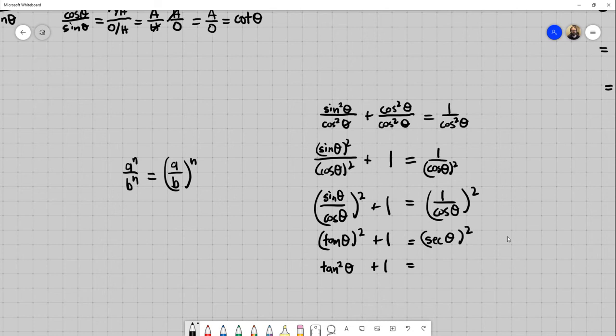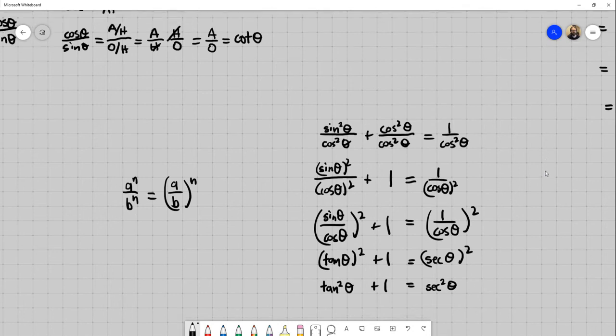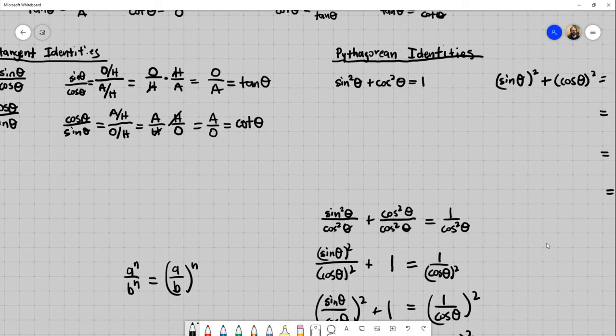And secant of theta squared, another way of writing that is secant squared theta. So this right here is our next Pythagorean identity: tangent squared theta plus 1 is equal to secant squared theta. So we'll write that one down.